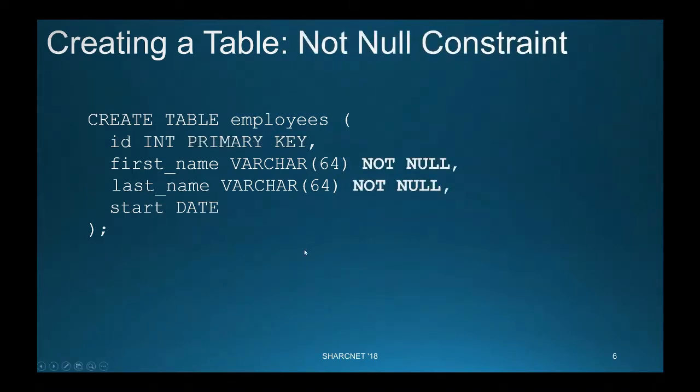Another constraint is the not null constraint. You can say things like, well, they have to have a first and a last name. We can make it not null. So if you insert a row into your table and you omit a value that's not null, it's going to throw an error, and you know that you've made a mistake.